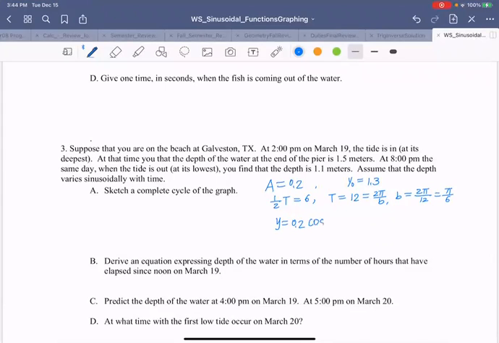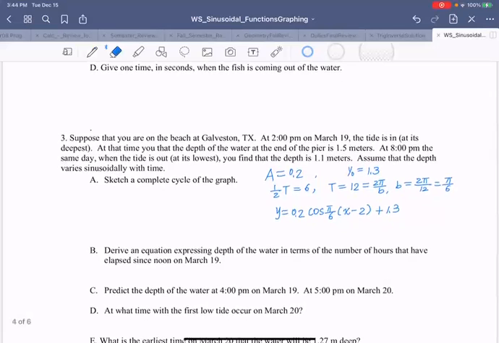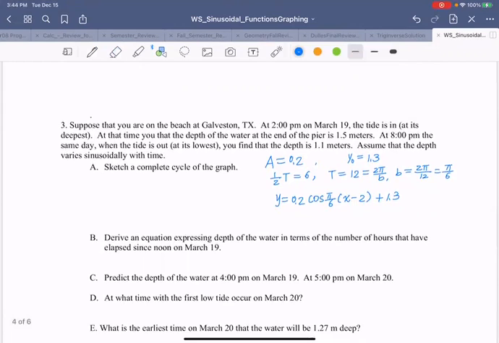It's going to be cosine of pi over 6 times x minus 2, and then plus 1.3, correct? That's correct, right? Yeah, that's correct. Okay, and we can roughly draw the cycle.